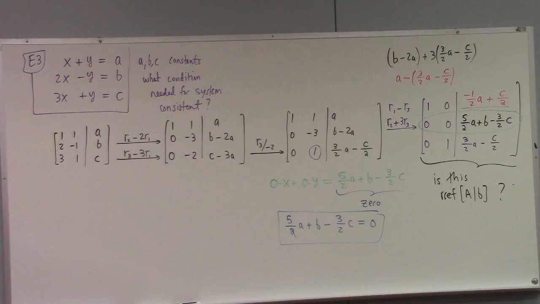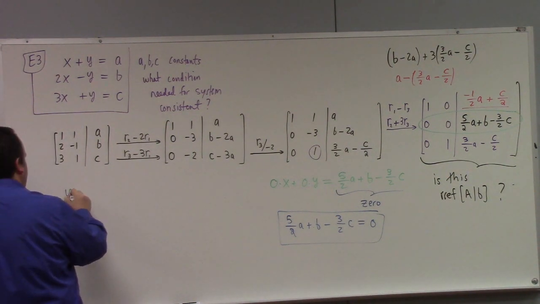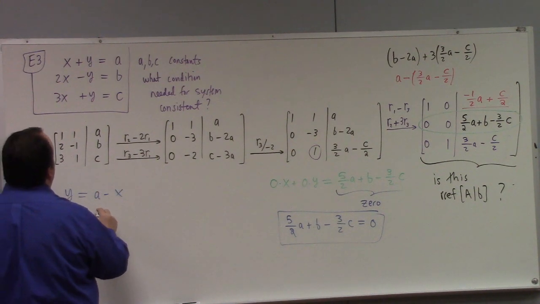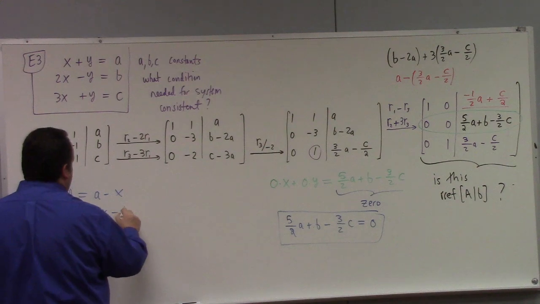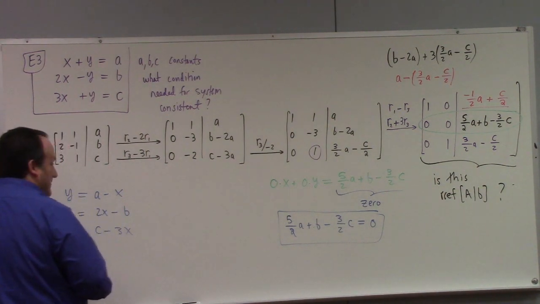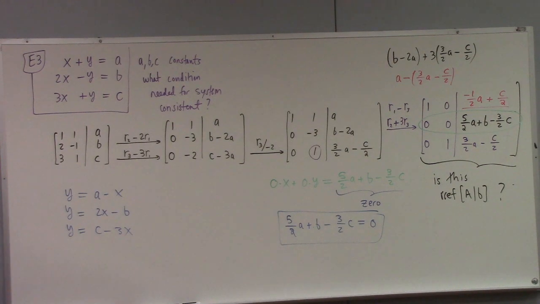Graphically speaking, what's going on here is you've got y equals a minus x, y equals 2x minus b, and y equals c minus 3x. You've got these 3 equations, and what we've just found is the condition needed for all 3 of those lines to actually intersect at one single point.